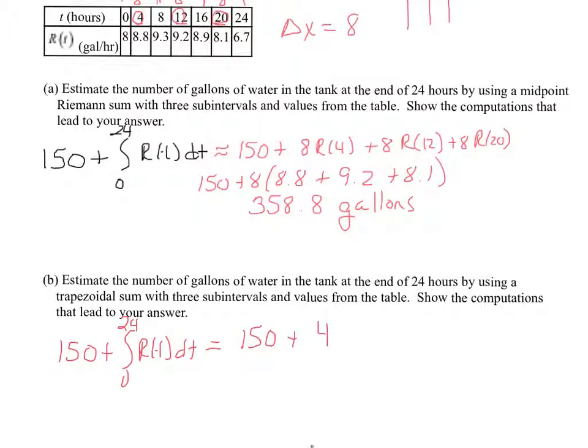Because does that make sense? All right, and so we're going to have R at 0 plus R at 8. In this case, I'm just going to go ahead and put 8 plus 9.3. That's the first trapezoid.